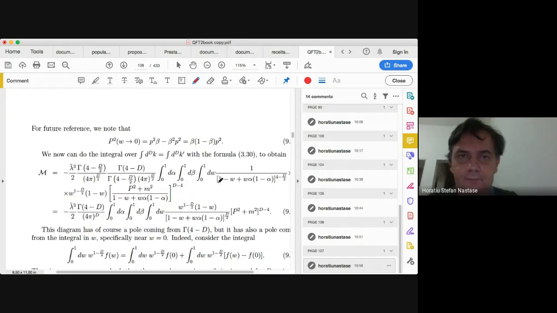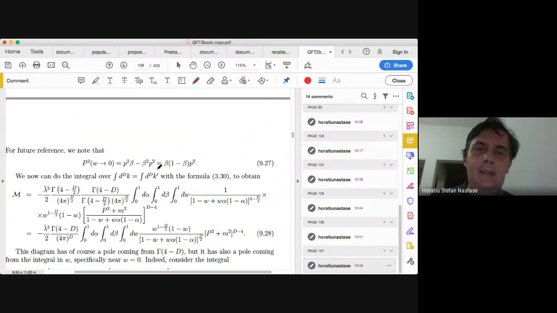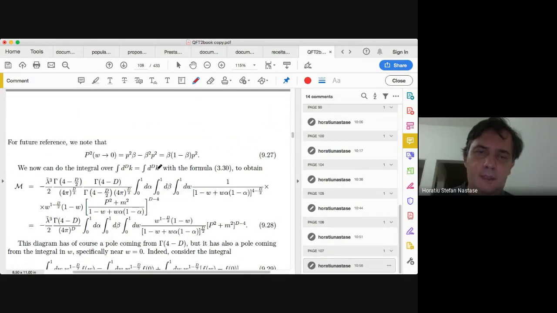All right. So now we can finally do the integral of k, which is the same as the integral of a shifted k, k prime. We did this several times, so we can do the integral over this loop parameter and find a result that now depends only on the Feynman parameterization parameters alpha, beta, and w, and the external momentum.